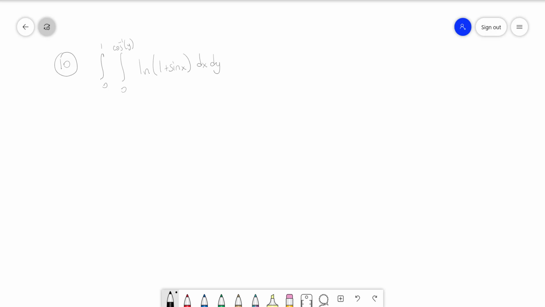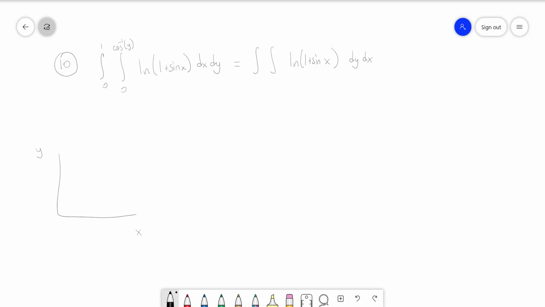Okay, so let's sketch the region of integration right now. Notice that you don't really want to do the integral with respect to x right now. So that means you probably want to switch the order of integration instead. But to do that, we need to figure out what the new bounds are going to be. And so to do that, we need a sketch of our region.